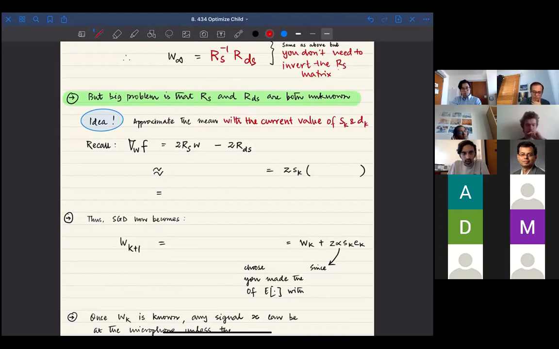In other words, given that we have the differential of F as 2 RS W minus 2 RDS, we are going to approximate that as 2 SK SK transpose times W minus 2 SK DK.